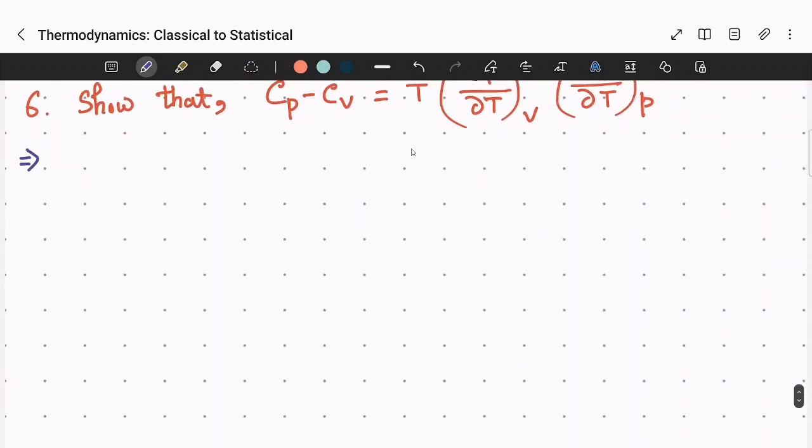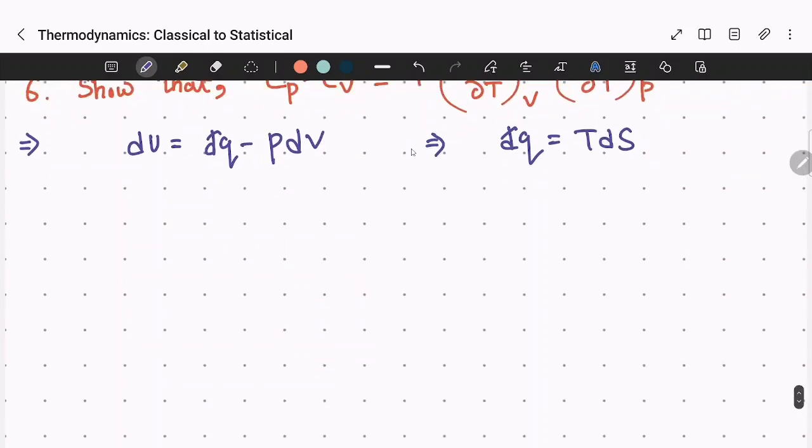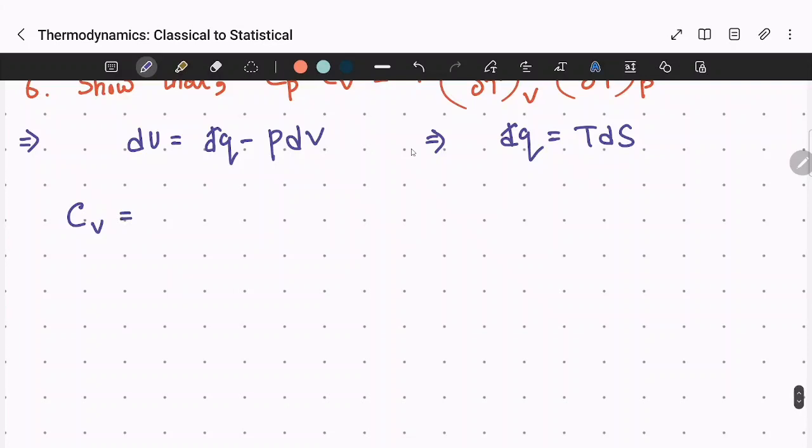Then we need that equation I have written, right? dU equals d cross Q minus PdV. This is our first law, and d cross Q equals TdS. This is our second law. These relations are needed to derive that equation. So now, what is Cv and what is Cp? Cv is actually the molar heat capacity at constant volume.